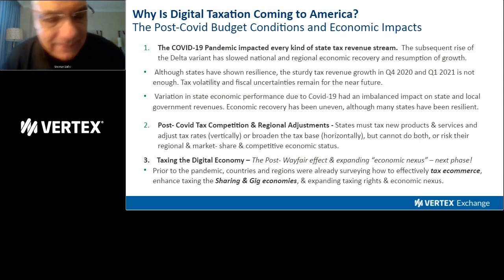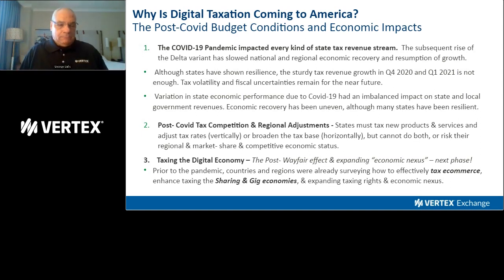Well, let us ask the most important question: why is digital taxation coming to America, coming to the United States? The quick and easy answer is because it's coming everywhere in reality. So the United States is not going to be left out of such a profitable and lucrative type of revenue stream for the states.